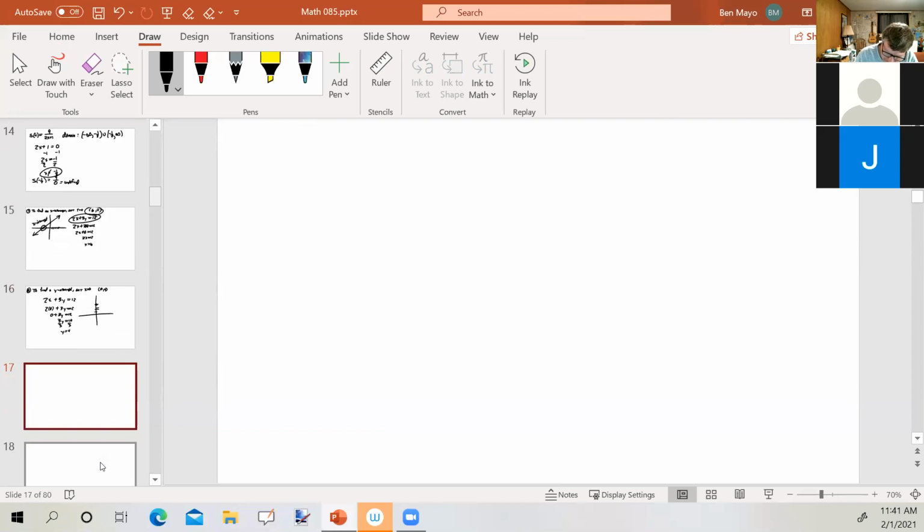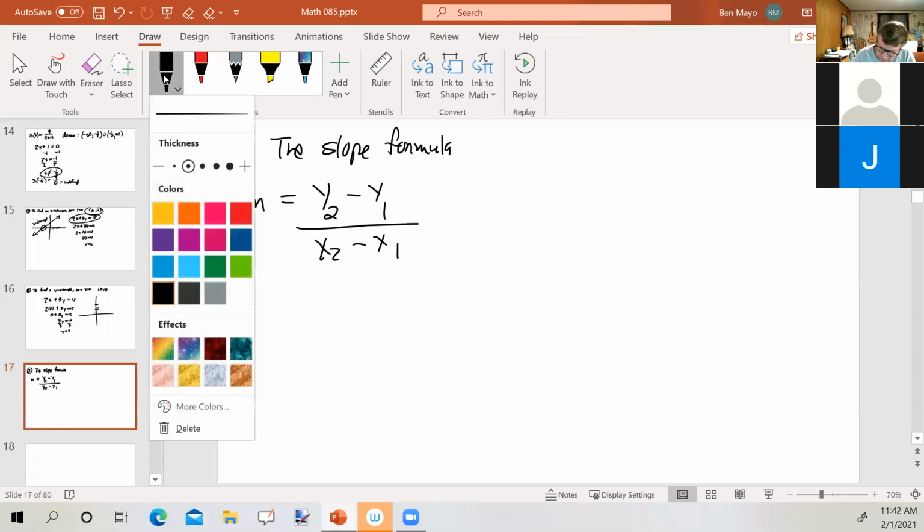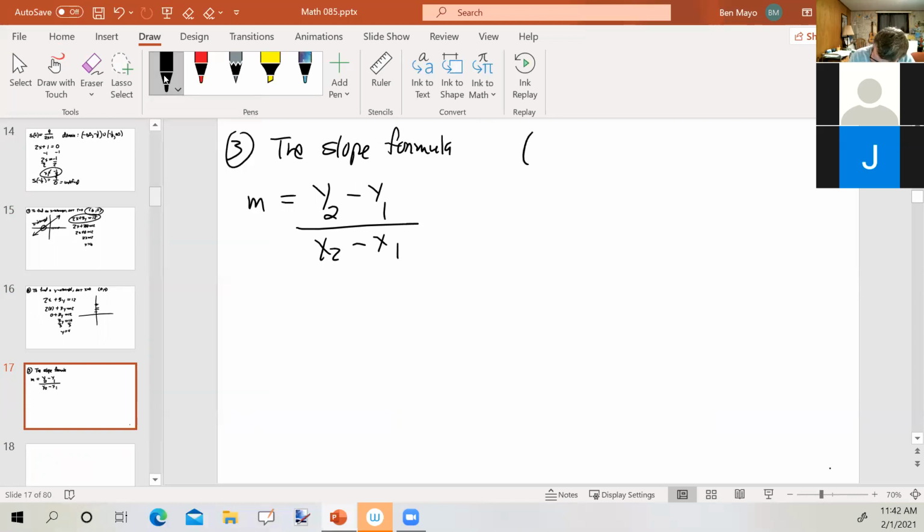All right. Number 3, let's look at the slope formula. M equals y sub 2 minus y sub 1 over x sub 2 minus x sub 1, given two ordered pairs.